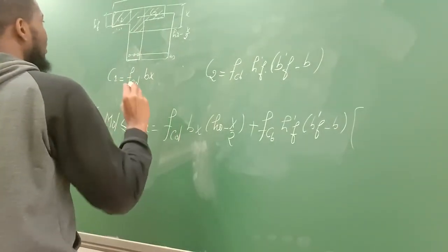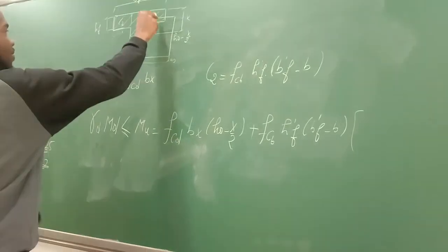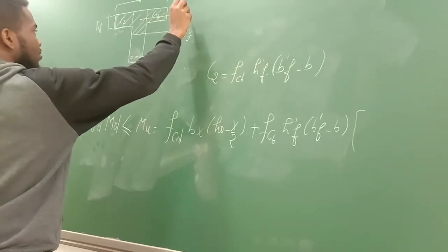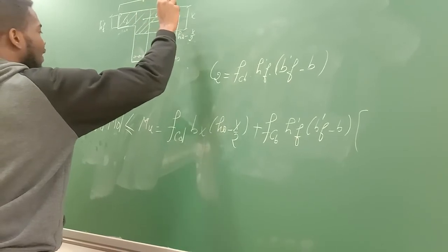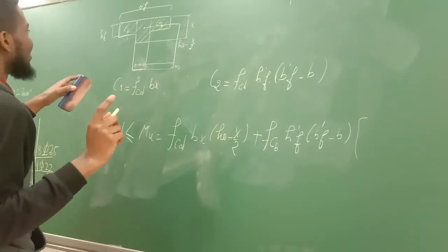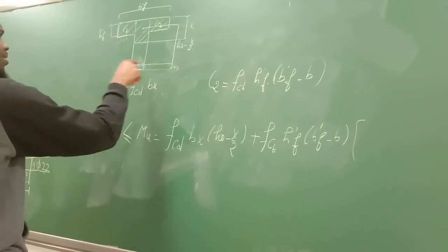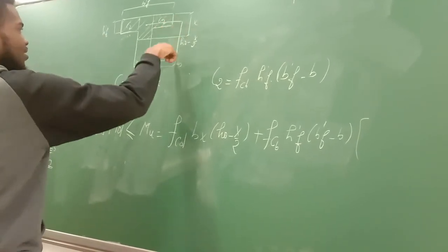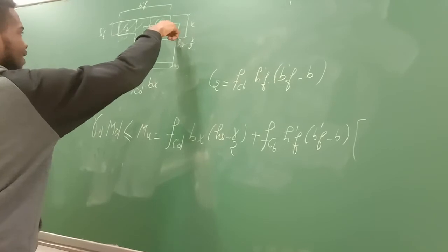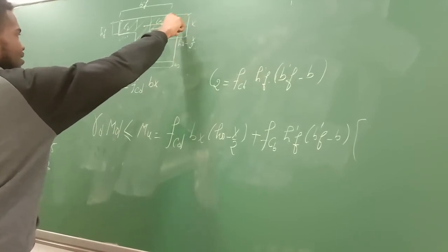The arm of C2 is the arm of this one is this minus x.